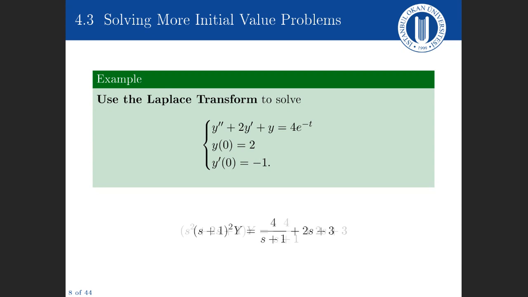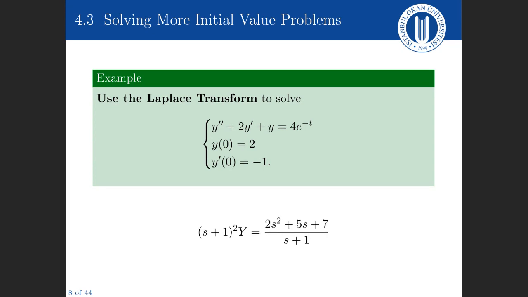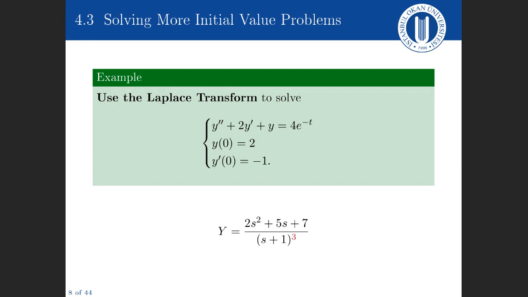Factorize s squared plus 2s plus 1 to s plus 1 squared. Divide, put the right-hand side all over the same denominator, and then divide by s plus 1 squared. Capital Y is 2s squared plus 5s plus 7 over s plus 1 cubed.